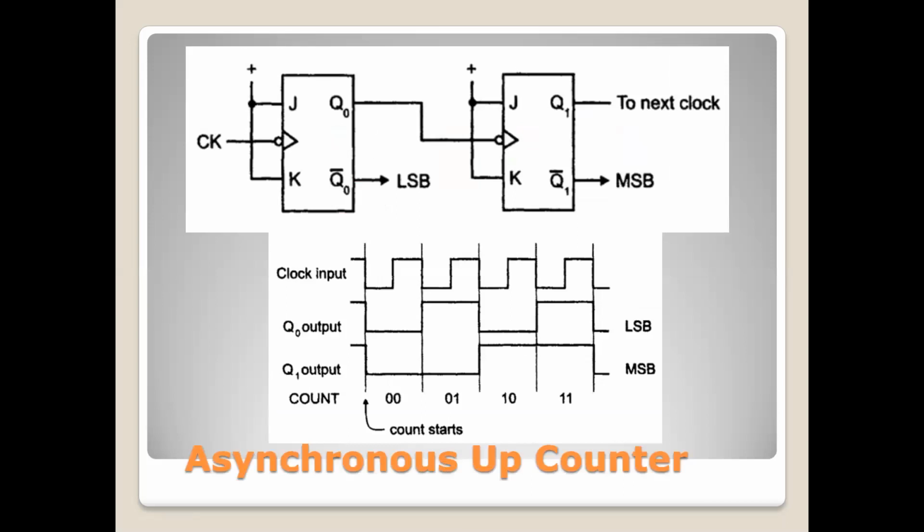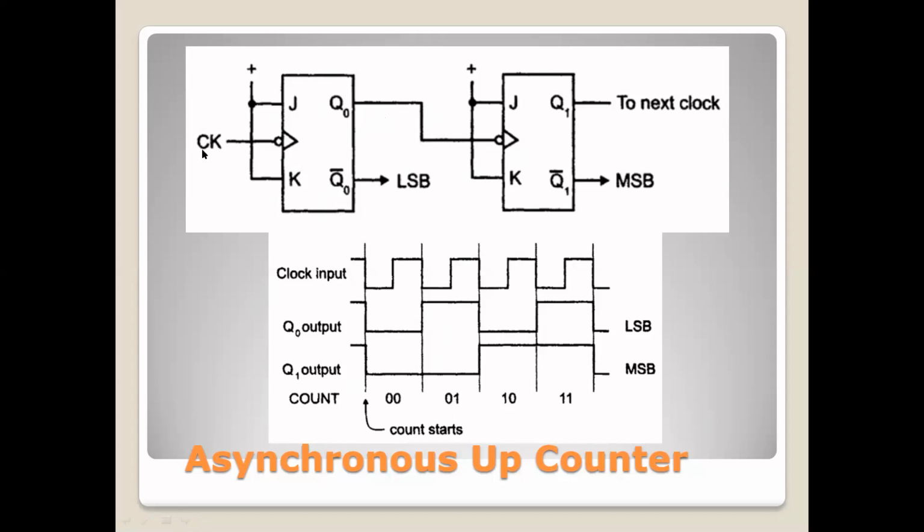Now we will discuss asynchronous counters. First one, the asynchronous up counter. Here a 2-bit asynchronous counter is shown. That is, we are using 2 flip-flops for a 2-bit asynchronous counter. From this figure, it is clearly seen that it is an asynchronous counter.